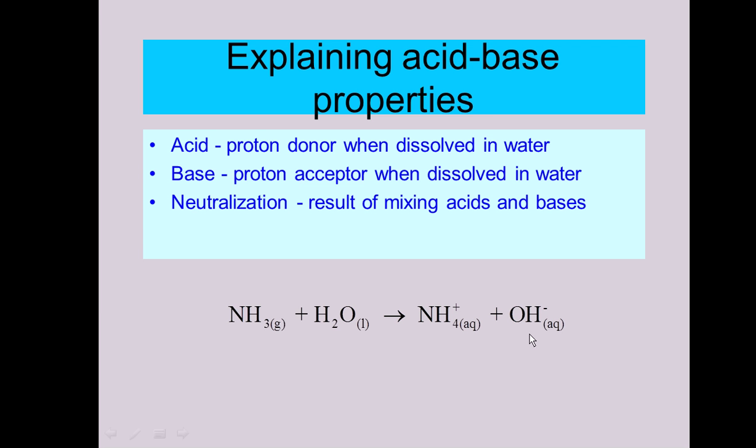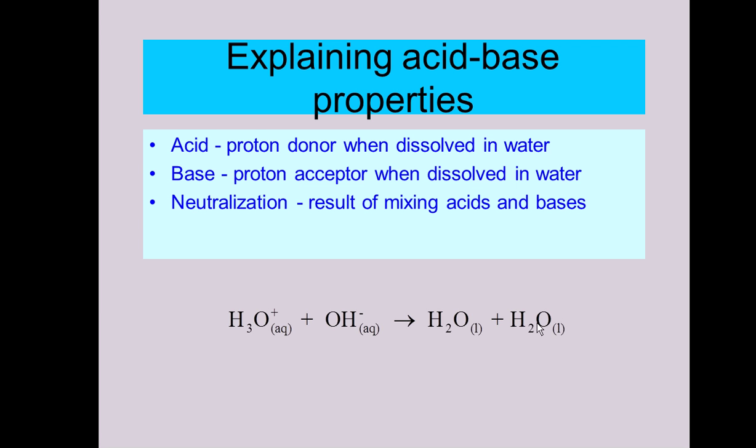So there's another definition of a base: a base is the one which is the donor of hydroxide ions. OH ions are called hydroxide ions. So we can also say a base is that substance which donates hydroxide ions and accepts hydrogen ions.